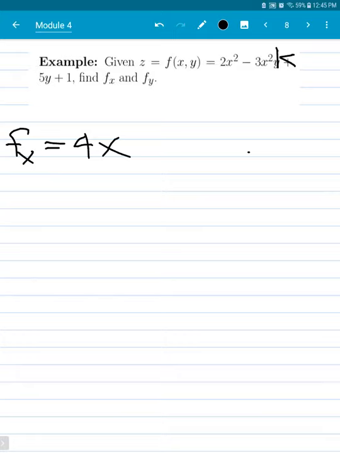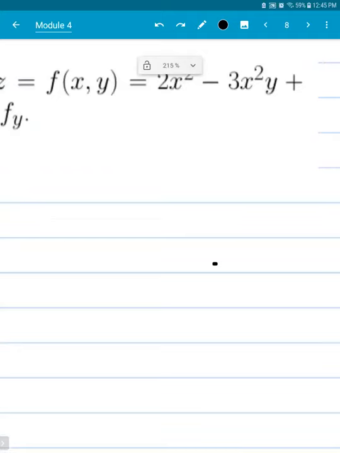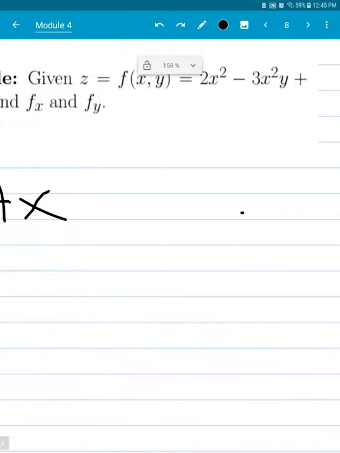Then if you differentiate, since the derivative of a constant times a function is simply the constant times the derivative of the function, all you have to do is differentiate x squared. And then you multiply it by the other terms, which are constants with respect to x.